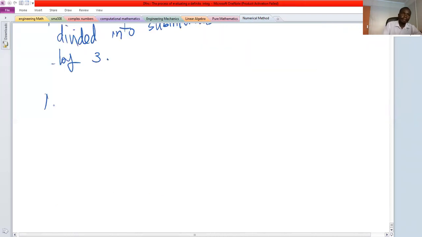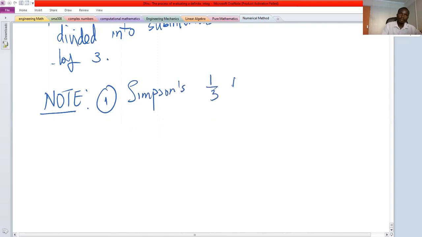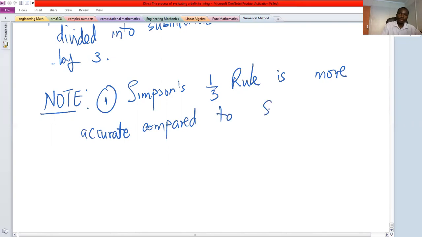Just an NB: number 1, Simpson's 1/3 rule is more accurate compared to Simpson's 3/8 rule.